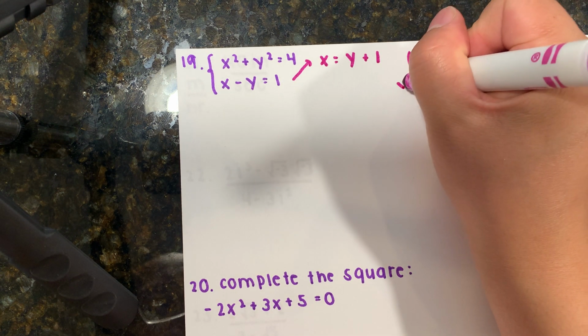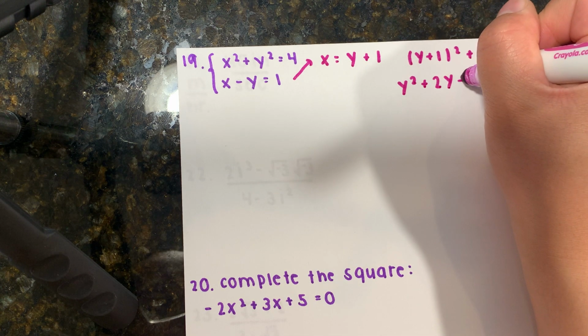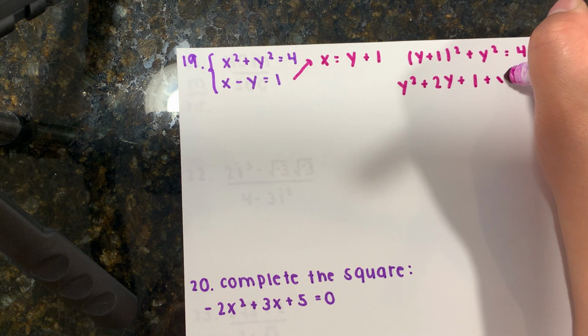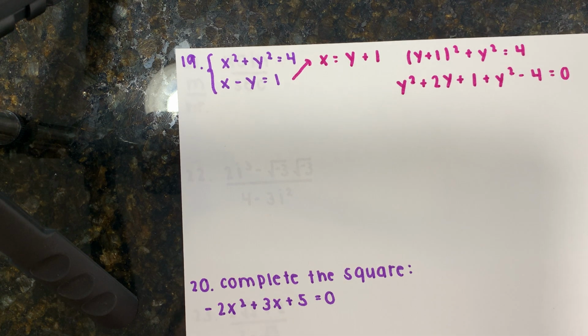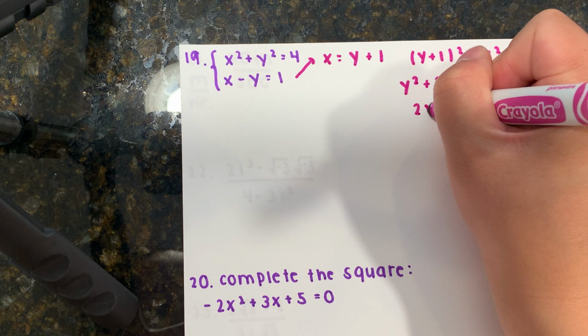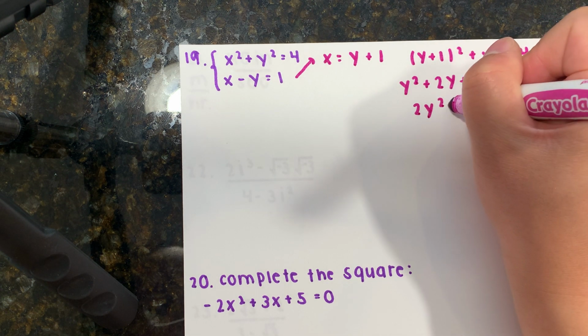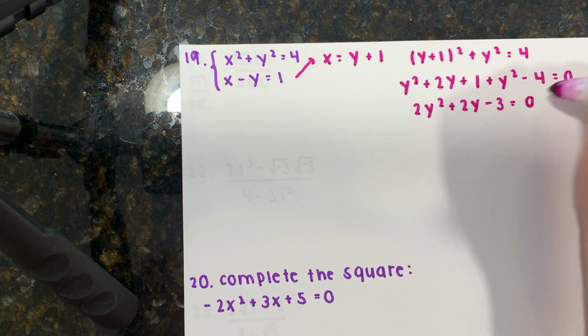When I multiply that out, I'm going to get y squared plus 2y plus 1 plus y squared minus 4 equals 0. I'm setting it equal to 0. So 2y squared plus 2y minus 3 equals 0.